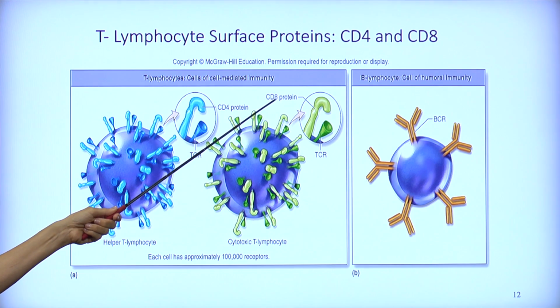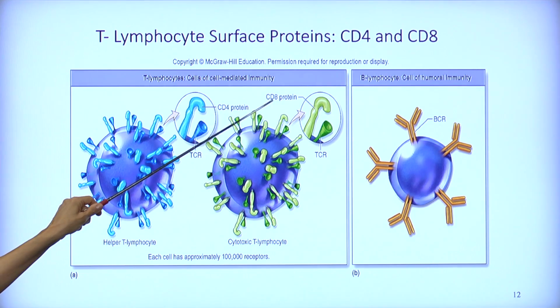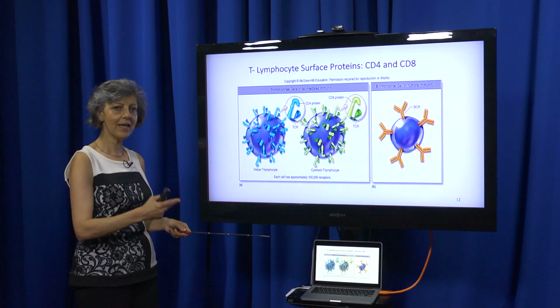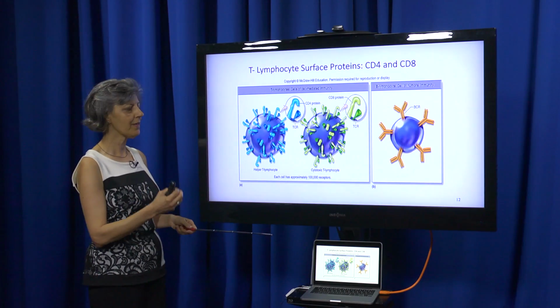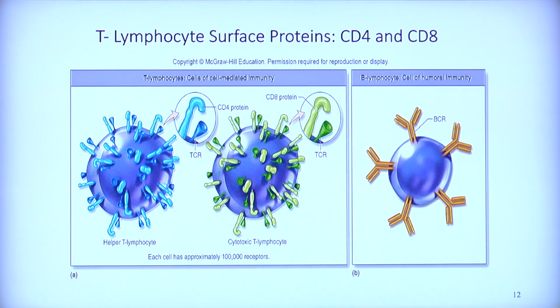This is called CD8 protein, so the cytotoxic T cell is called CD8 positive cell. What is the function? They identify the cell, but they will also have a very important function in recognizing specific antigens, as we will see in a minute.